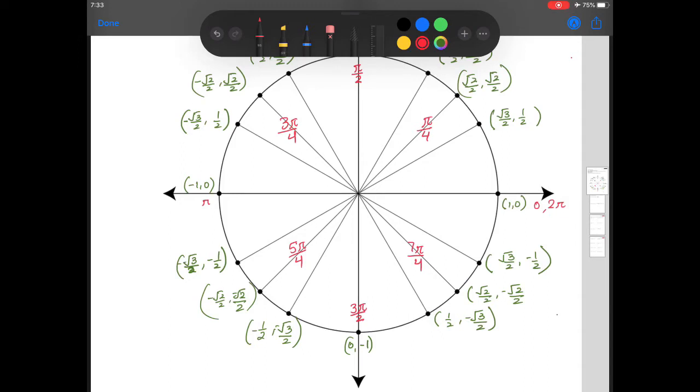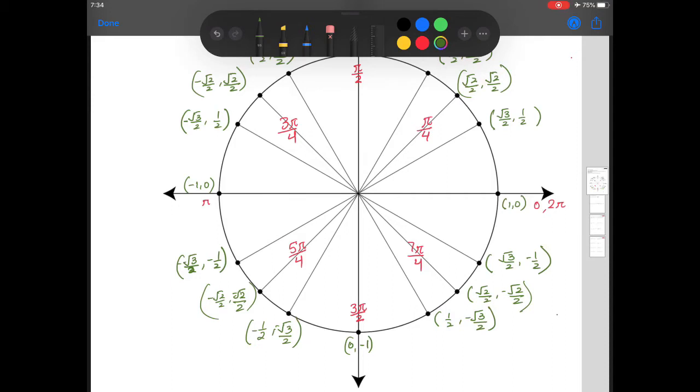So that's how we're coming up with these. Again, your pi over 4 family have the same coordinates, and the only thing different is the signs, depending on what quadrant you're in, right?